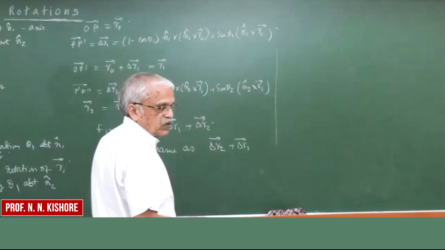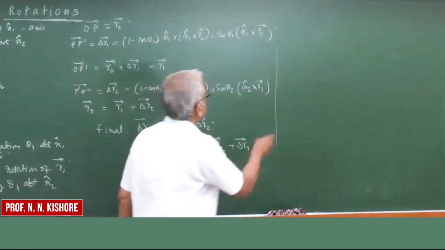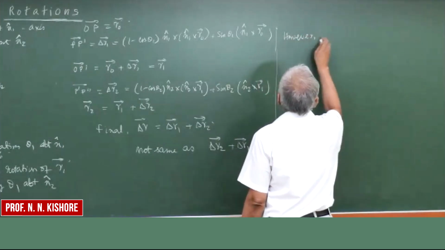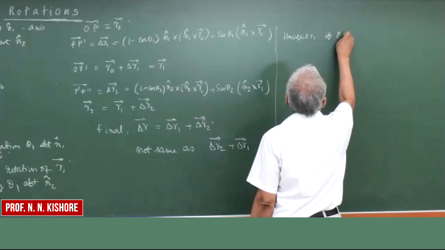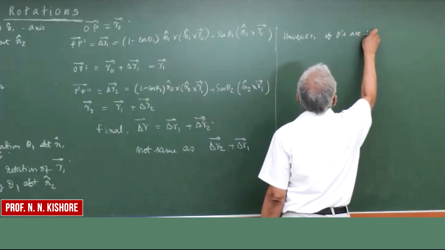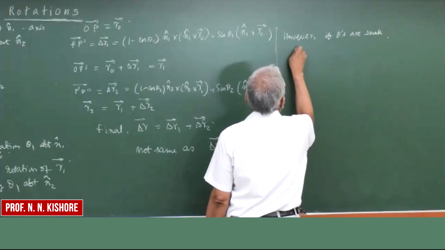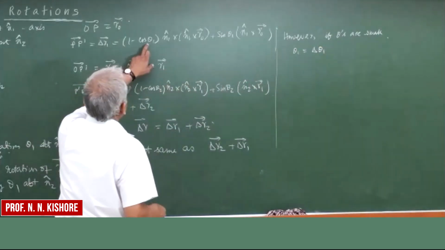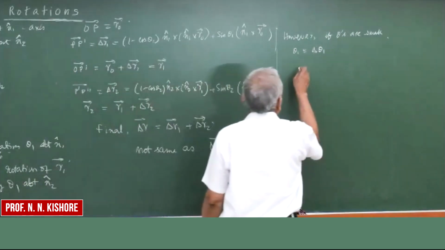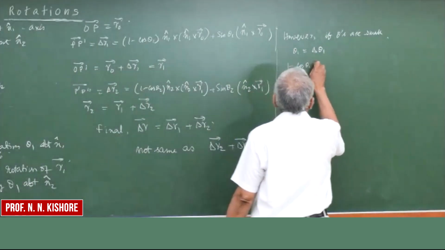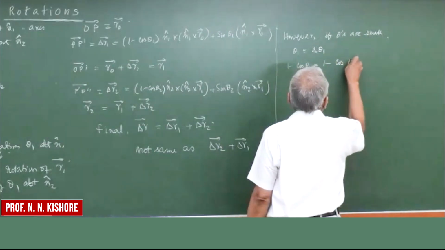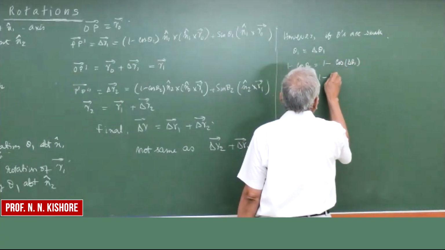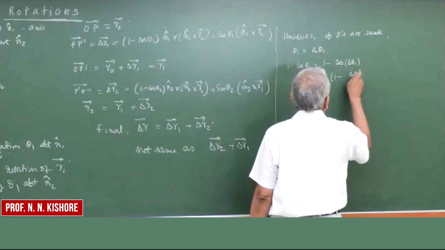however, if the thetas are small, let us say theta 1 is delta theta 1, then this 1 minus cosine theta 1 becomes 1 minus cosine delta theta 1, and we know that cosine delta theta 1 is 1 minus delta theta 1 squared by 2.